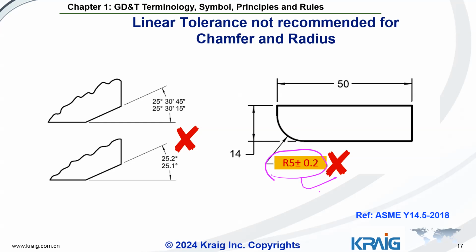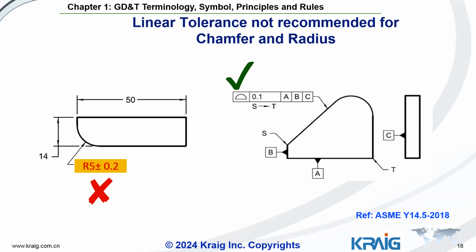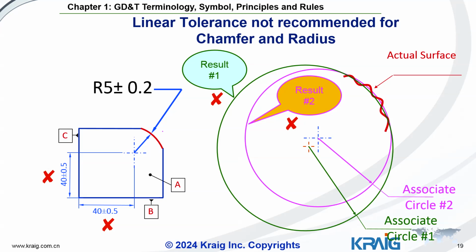Why shouldn't we use plus minus to specify the radius? One example here, because it's not easy to measure. This is the radius plus minus 0.2. And then we need to measure the radius. As we know, in order to measure the radius, we need to touch points on the surface of the actual part. For example, this is the actual radius here. It's not perfect.